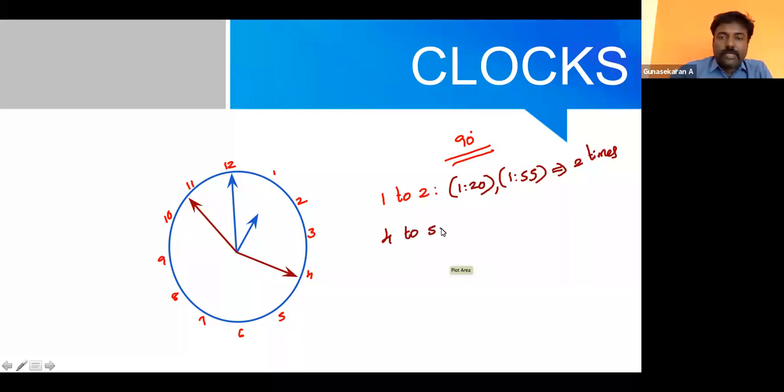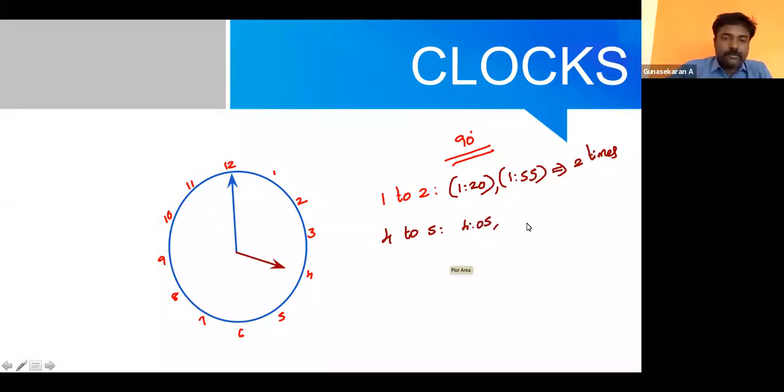Four to 5. Try now 4 to 5. Take a value. Now the time is 4 o'clock. What time does the 90-degree situation come? At 4, 5.